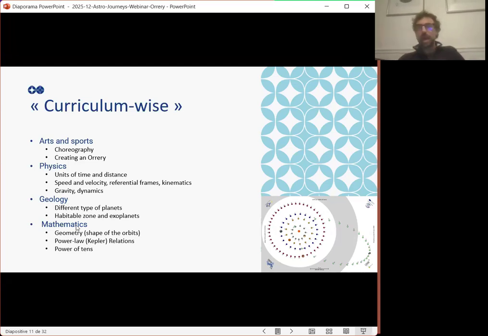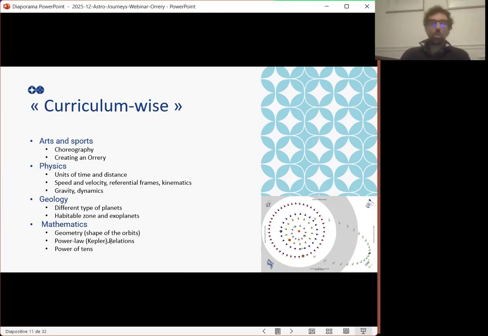And I found that when we use this orrery in schools, mathematics is one of the most powerful contexts, because you have the geometry. Is it a circle or is it an ellipse? What is a circle? How can you prove if it is a circle or not? And then you can extend that to what is an ellipse.